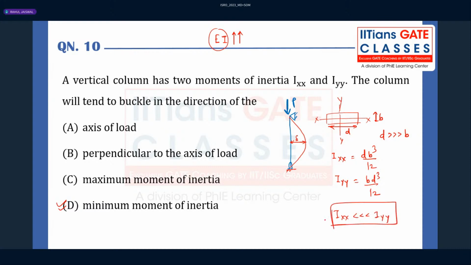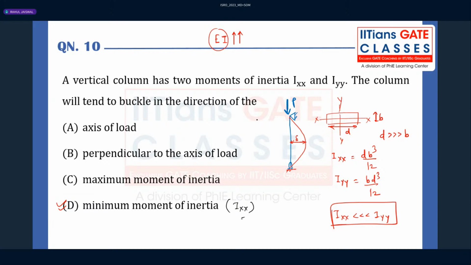So definitely the column will buckle about the least moment of inertia, that is Ixx. It is not difficult to buckle when it has a lesser moment of inertia in certain directions as compared to other directions.